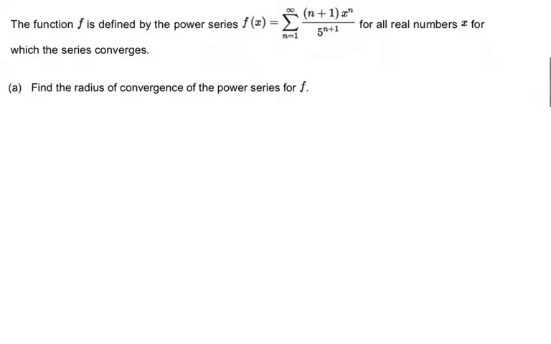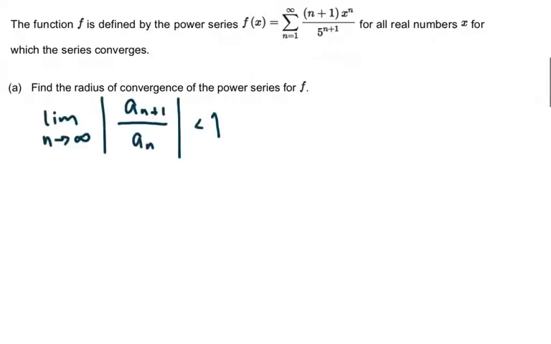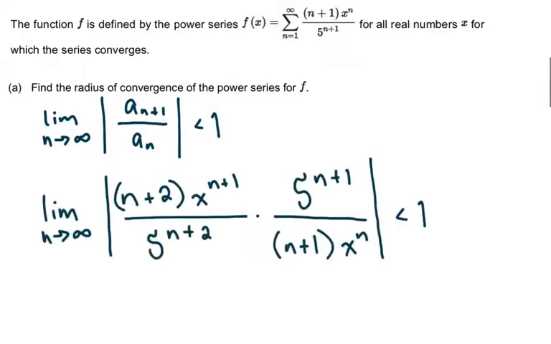Most of you used the ratio test, which I think is exactly right. So when you take that limit and you plug everything in, you can do a lot of canceling out. All these 5s, leaving behind just 1, all these x's, leaving behind just 1, and as n goes to infinity, we can drop these terms, and then it's just n over n.